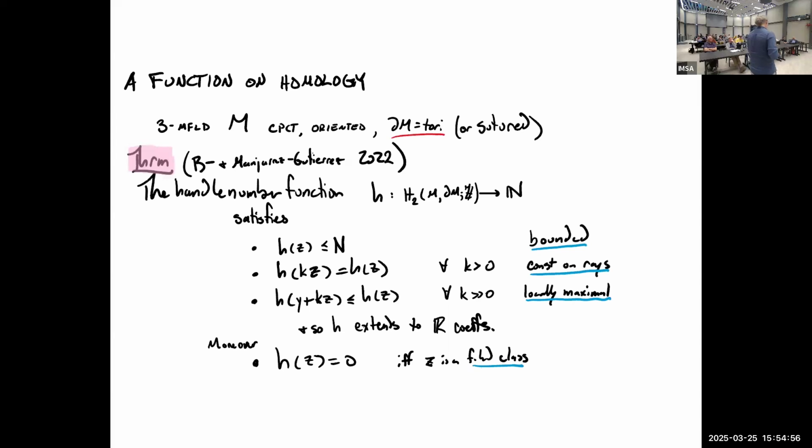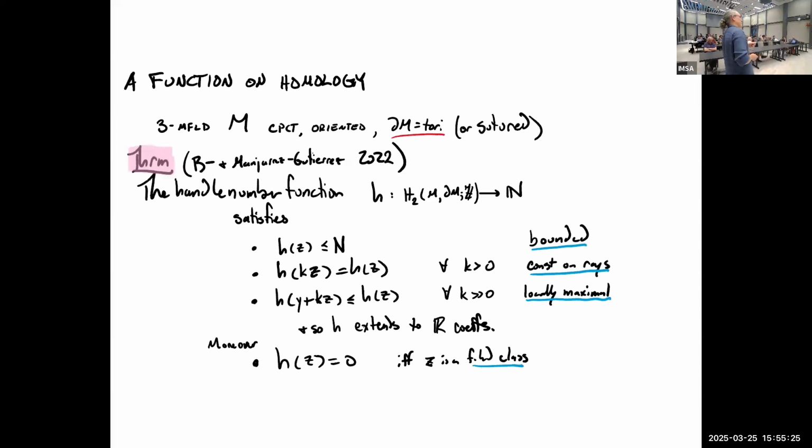We can also see that it's going to be constant on rays. If I know the handle number of a class, any positive integral multiple of that class is going to have the same handle number. You can see that by just taking parallel copies of your surface. Between these products, you're doing nothing. There are no critical points there. So at least one inequality for getting that equivalence for being constant on rays is immediately obvious.